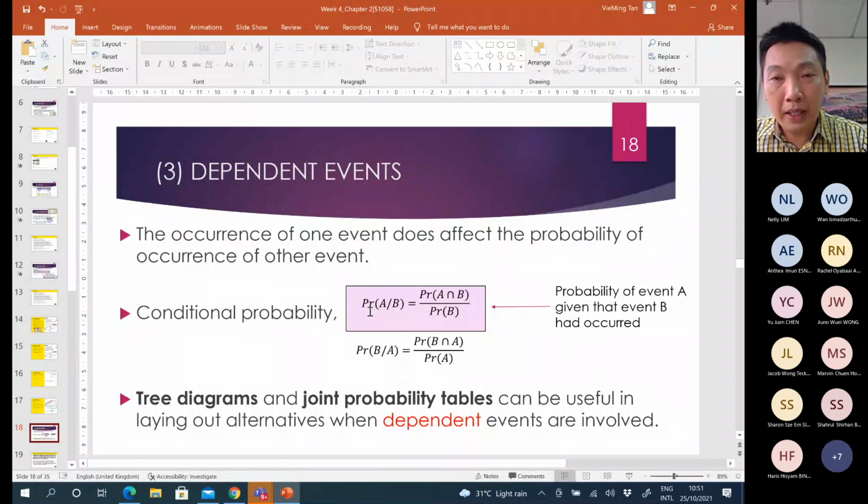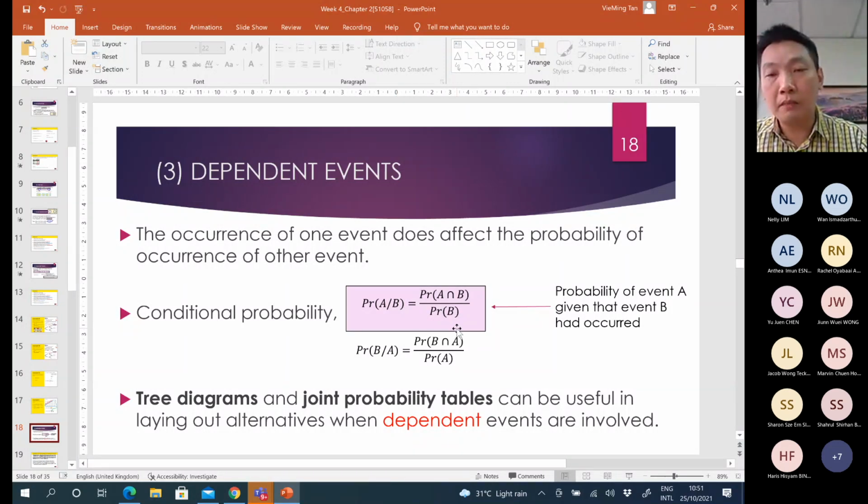The formula is probability of A intersect B divided by probability of B. Because A depends on B, you have to use probability B as the denominator.